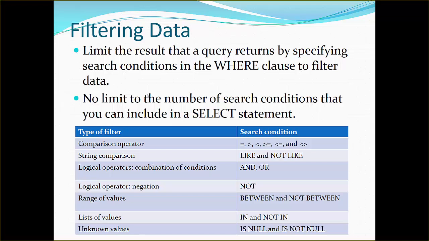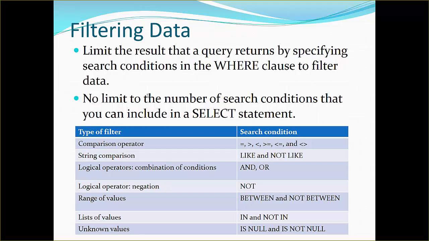If we are going to use filters, we will need to use the following types of operators. Remember, we introduced operators a few minutes ago, but now when we are talking about filtering data, when we are talking about using the where clause, we need to use these specific types of filter.